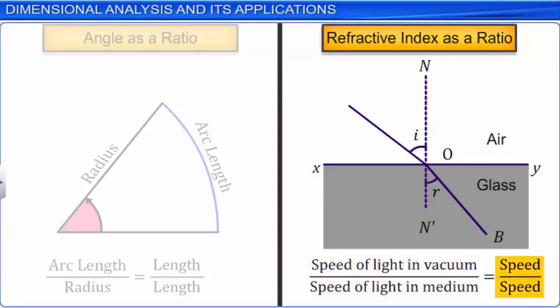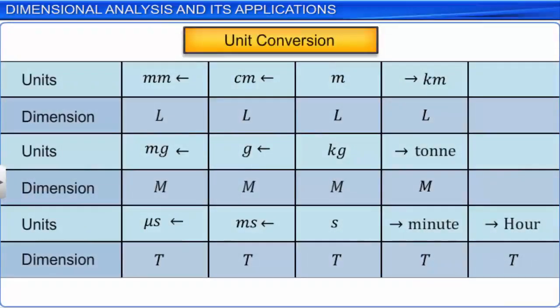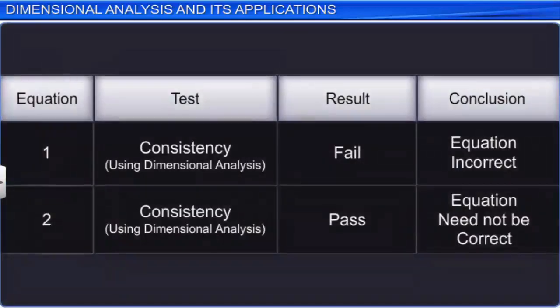The test of consistency of dimensions not only tells us the consistency of units, but also helps the user ignore the units to be mentioned and conversions among multiples and submultiples of units. If an equation is put to the consistency test using dimensional analysis, and if the equation fails, it means that the equation is proved incorrect.